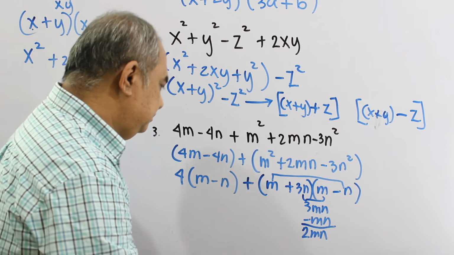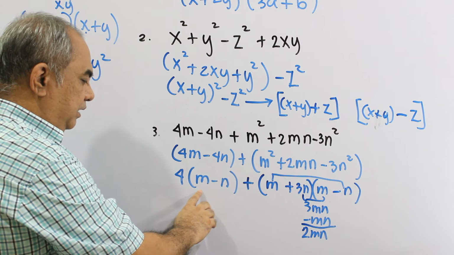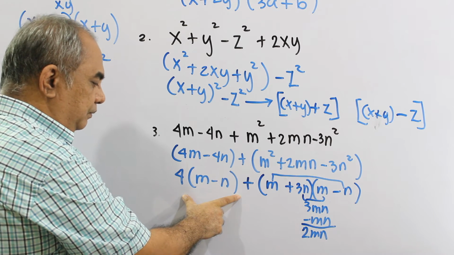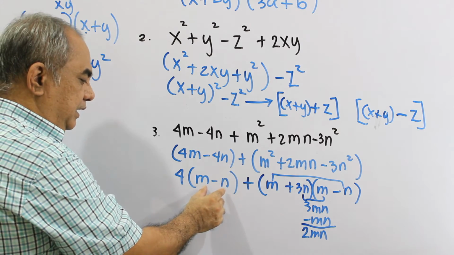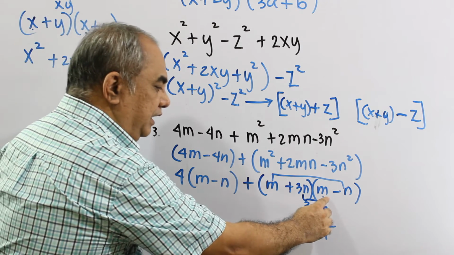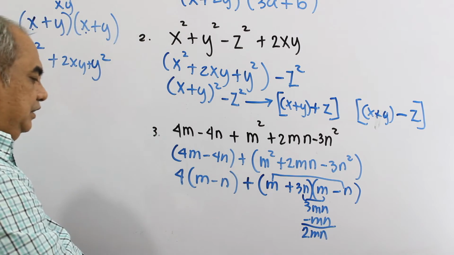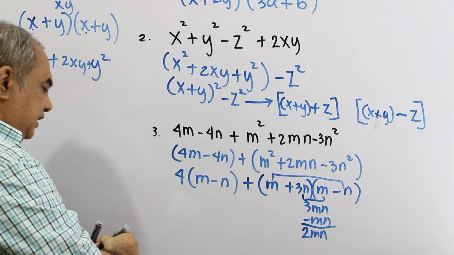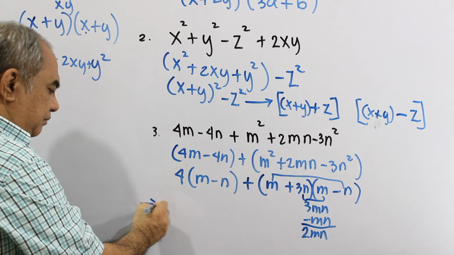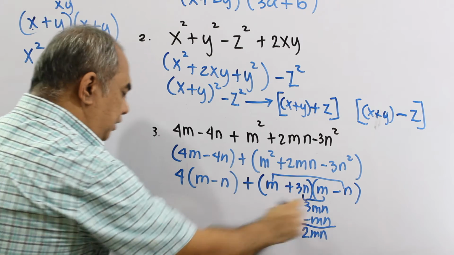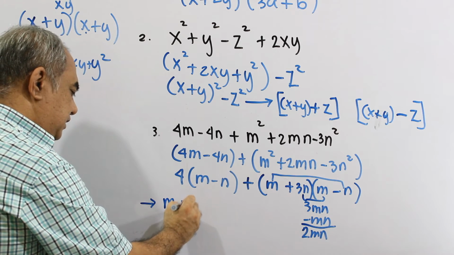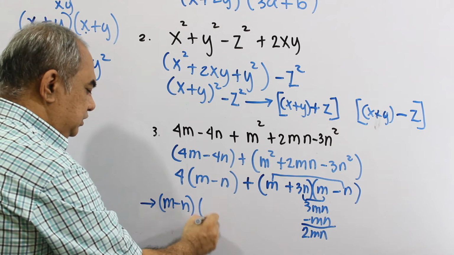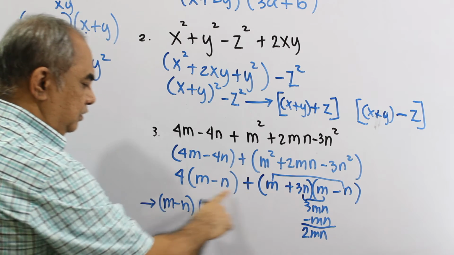Okay, so we have no common monomial between these two factored forms, and the common monomial will be m minus n and another m minus n. In other words, our final answer will be nothing but, you get this common monomial m minus n, okay, multiplied by these two factors.